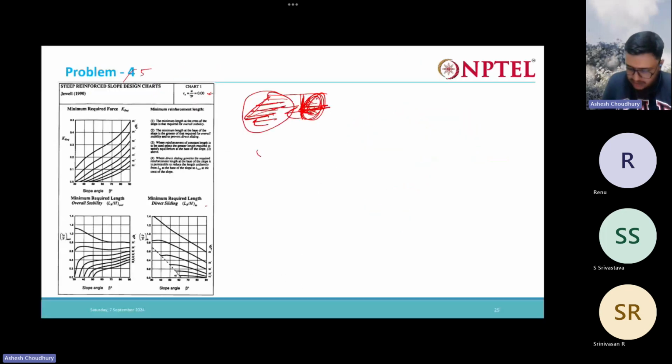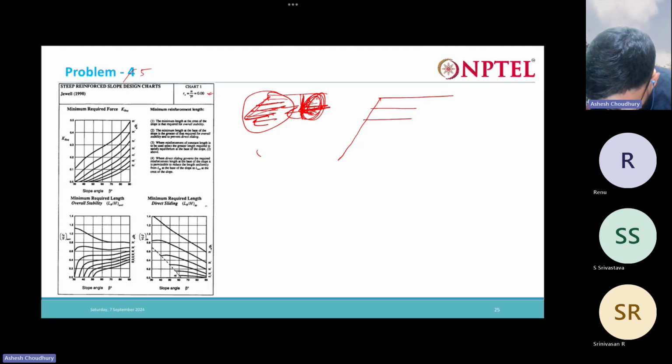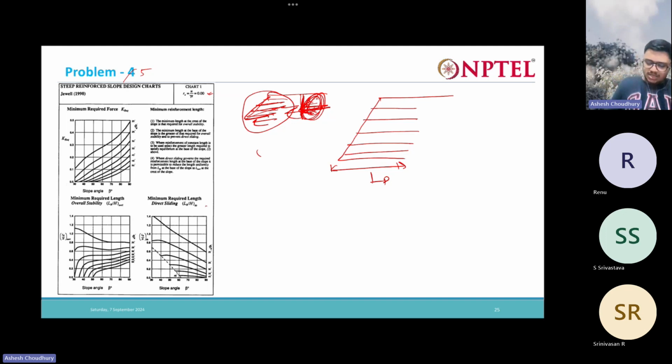I will just draw here. So this is the slope, and this is the reinforcement. This is the length of reinforcement, this LR, which is given by these two graphs. Now let us see what we can get from the graph. Our angle beta is 70 degrees.